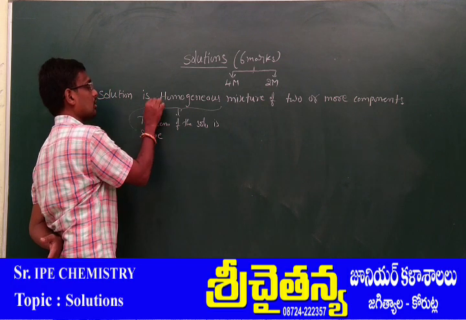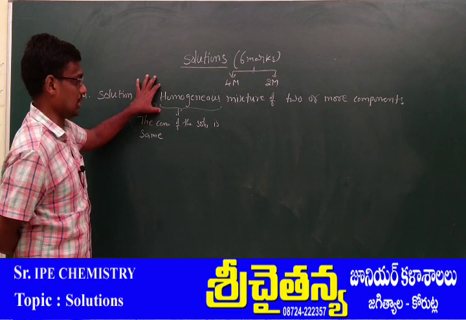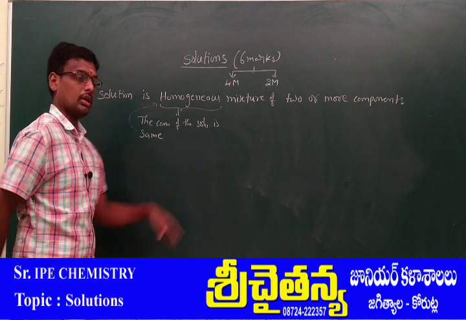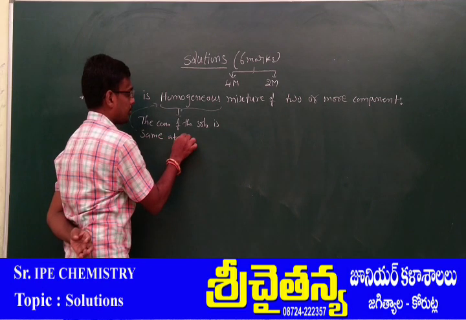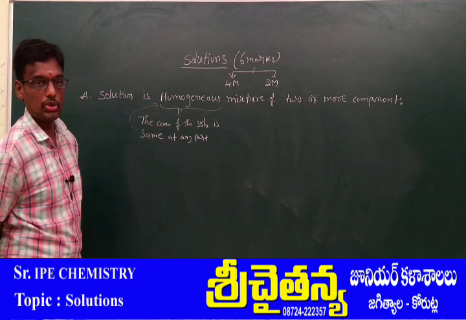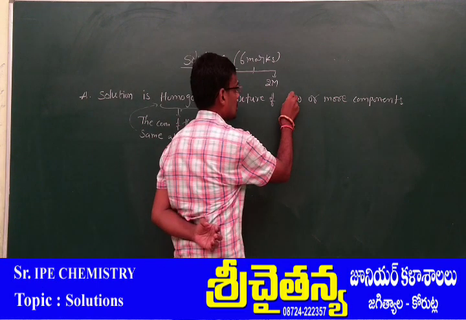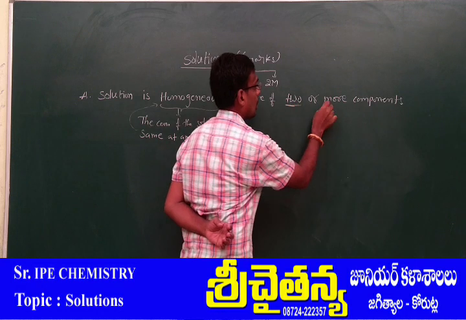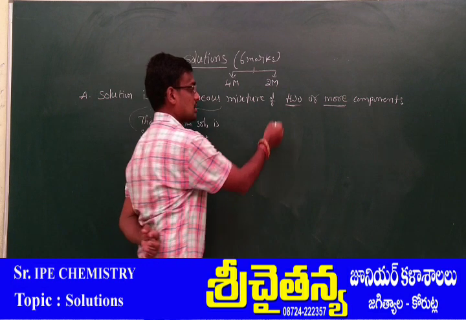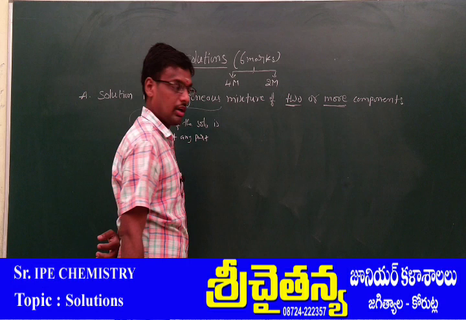That type of solution is called a homogeneous solution. Whereas the solution contains two or more components. On the basis of the number of components, these are classified into three types majorly.